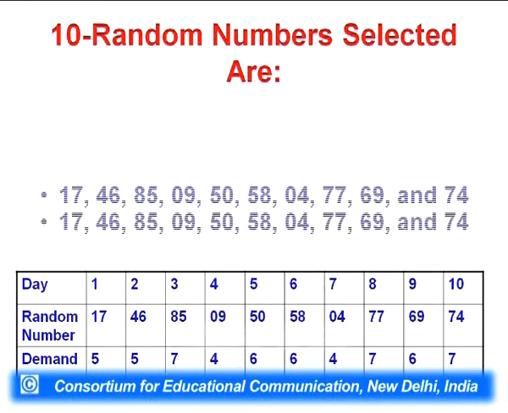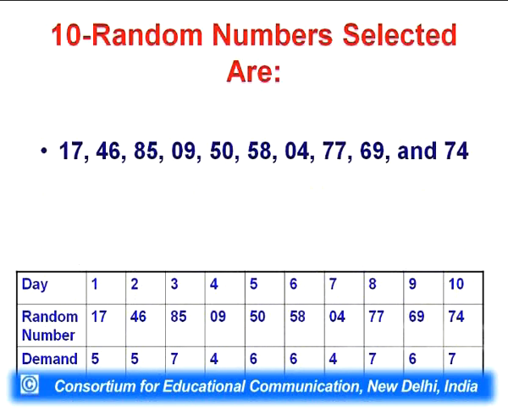On the 4th day the number of bricks sold will be 4. Similarly for all other days, we'll note down the demand of bricks. This is a very simple method using the Monte Carlo technique, using random numbers, and then finally predicting the demand for the future. We'll see one more example.